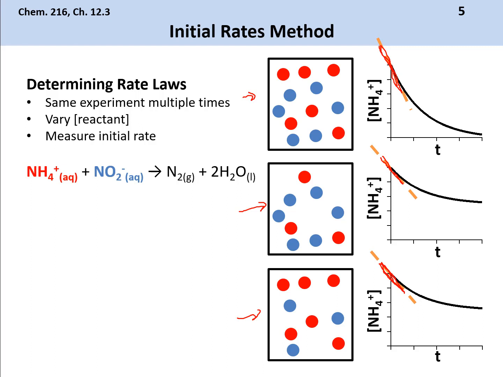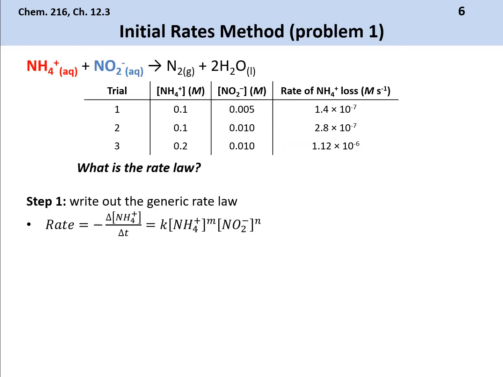And that initial rate is going to vary based on what my concentrations are. Okay, so we're going to do 2 problems during this video, and then you'll do a problem. The reason for this is that in the initial rates method, in order to understand it, you have to do it. So the first problem we're going to do is this one.